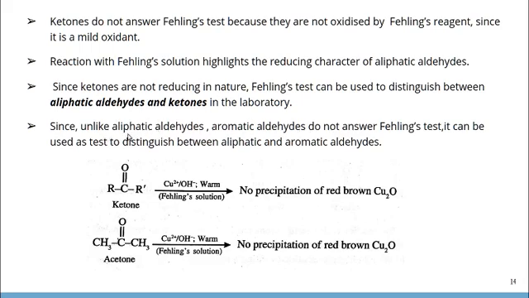Since, unlike aliphatic aldehydes, aromatic aldehydes do not answer Fehling's test, it can be used as a test to distinguish between aliphatic and aromatic aldehydes. That means Fehling's test can be used as a distinction test between aliphatic and aromatic aldehydes and also between aldehydes and ketones. So ketones do not answer Fehling's test.